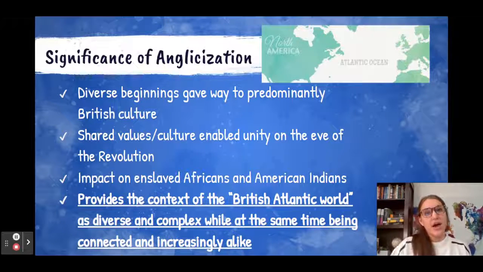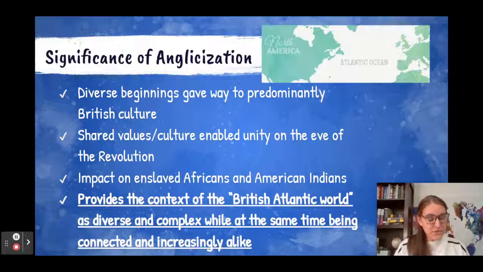It's kind of in opposition to the idea that the American colonies were growing more and more American prior to the revolution. It's actually kind of the opposite, saying they were growing more and more British. And because of that, they became more united and then were able to launch this rebellion more effectively.